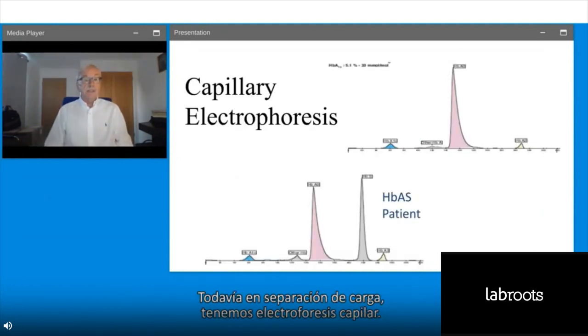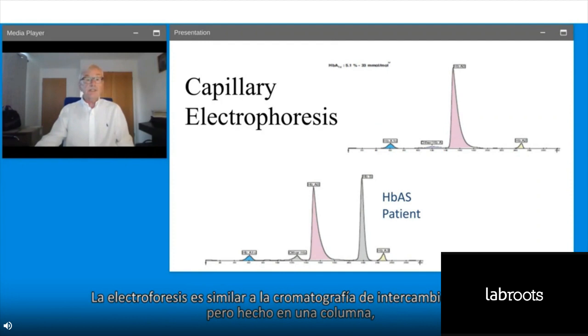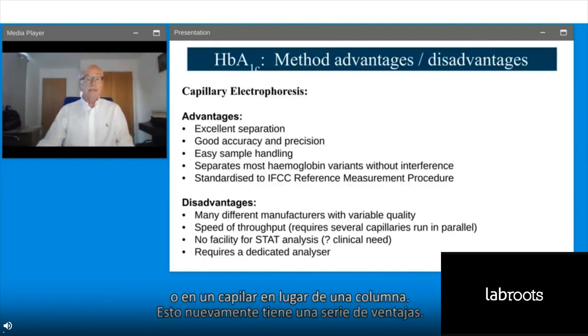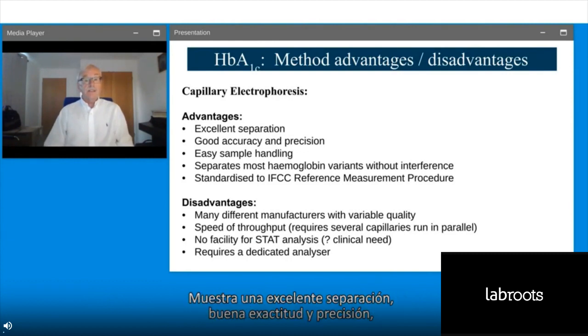Still on charge separation, we have capillary electrophoresis. This electrophoresis is similar to ion exchange chromatography, but done in a capillary rather than a column. This again has a number of advantages. It does show excellent separation, good accuracy and precision, but it has disadvantages.